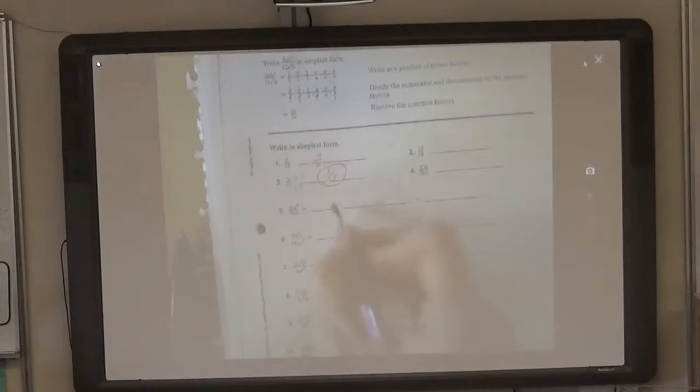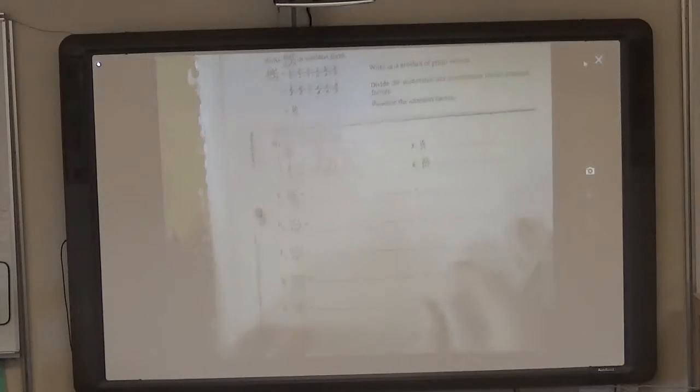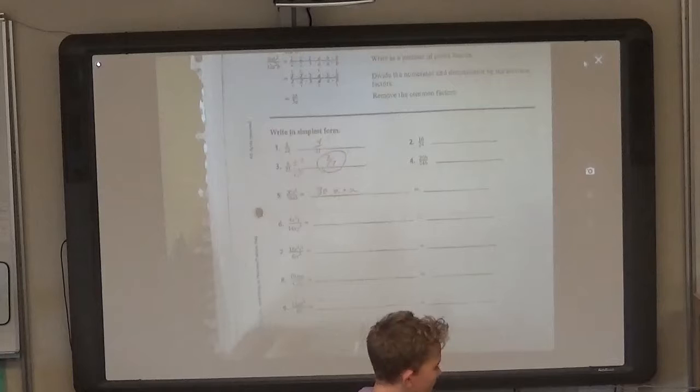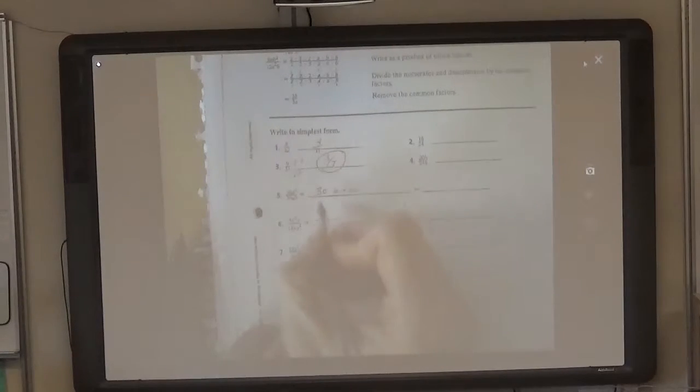This one, I want you to write this one out this way, okay? On the top line you have 30, and use this line as the fraction bar. So 30 a squared is equal to 30 times a times a. And 36 a times b.